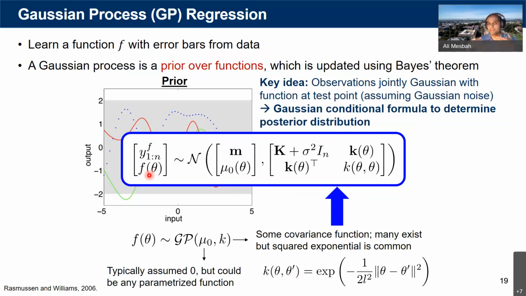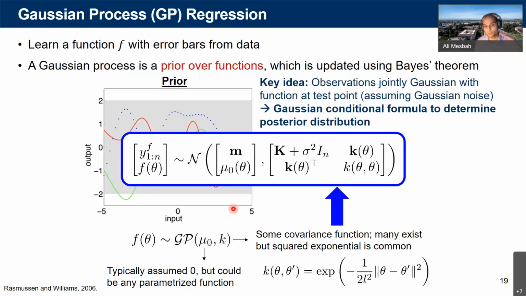So if we utilize this key idea, then the conditional formula will also be Gaussian, meaning that we can establish the posterior distribution, right?